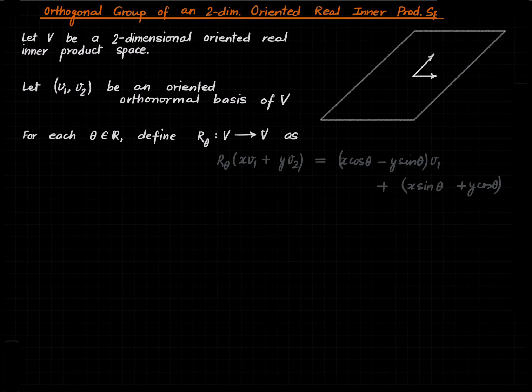Yeah. So this is how you can define it, and you can see the similarity with the discussion on the Cartesian plane. It's just that artificially now this V1 is taking the role of E1 and V2 is taking the role of E2. That's all.